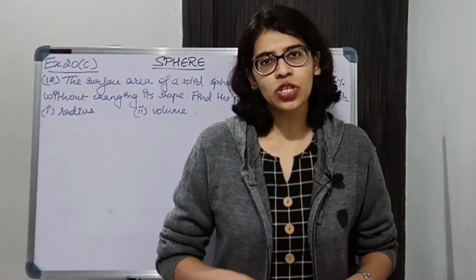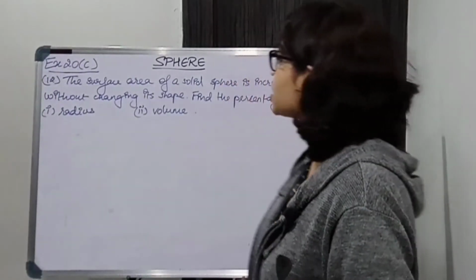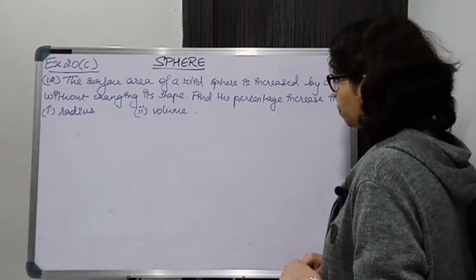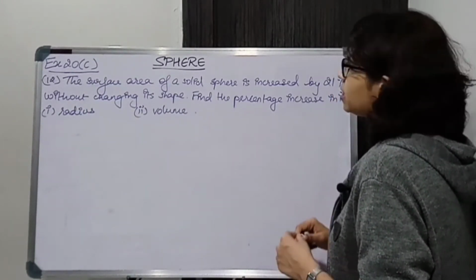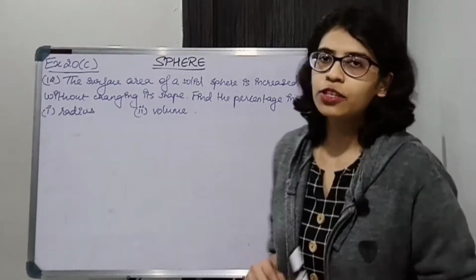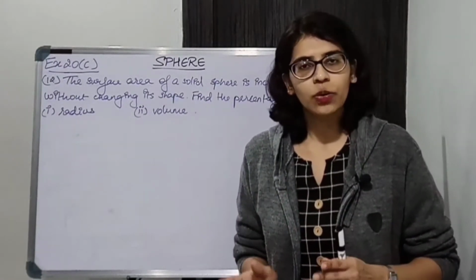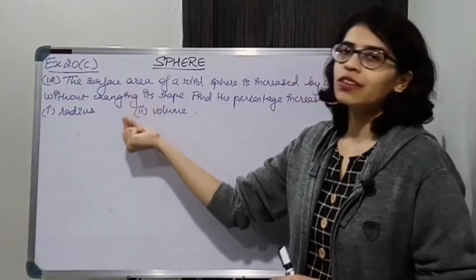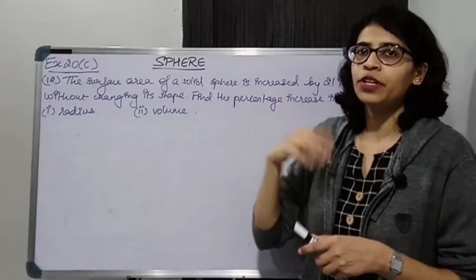Proceeding to the next question. Question number 12. The surface area of a solid sphere is increased by 21% without changing its shape. Find the percentage increase in its first part radius, second part volume. You have a solid sphere, but you are not told what the surface area is. You are just told that its surface area is increased by 21%.